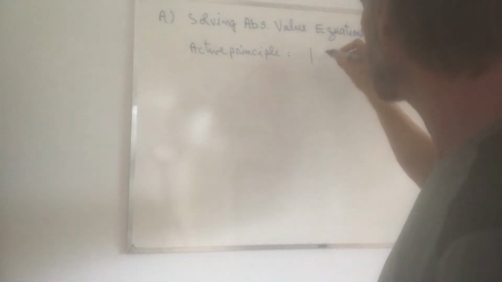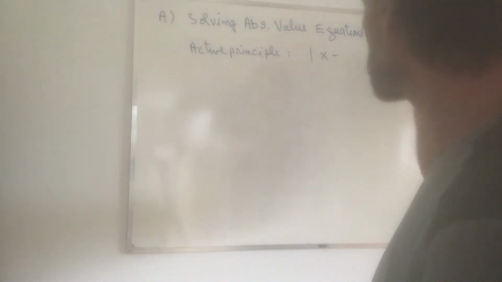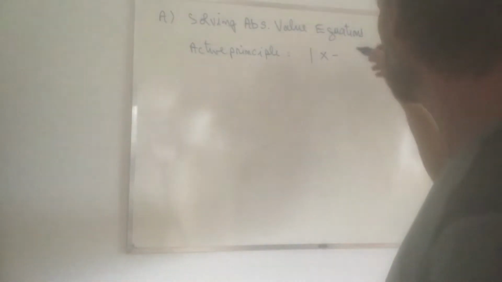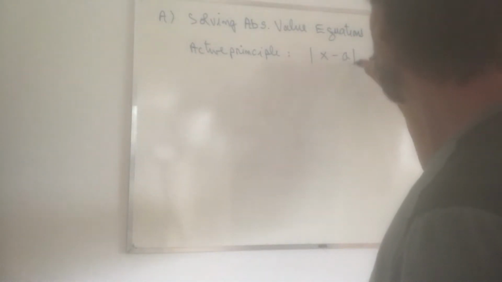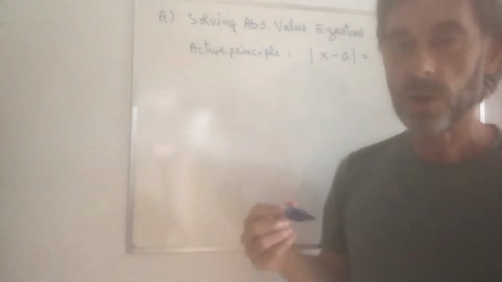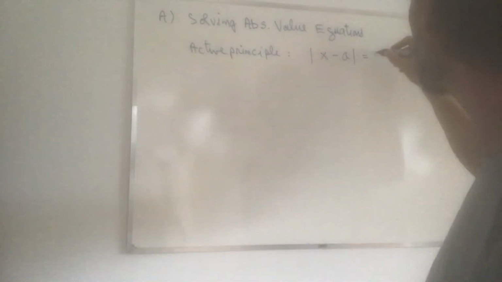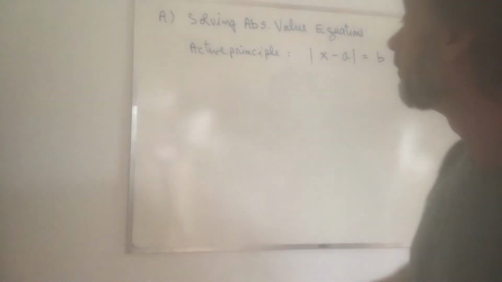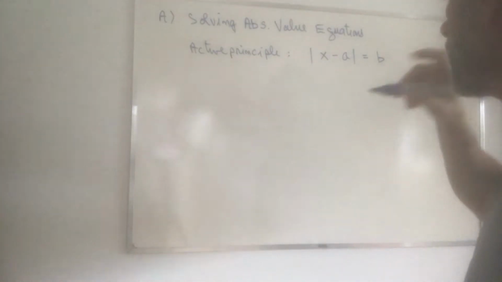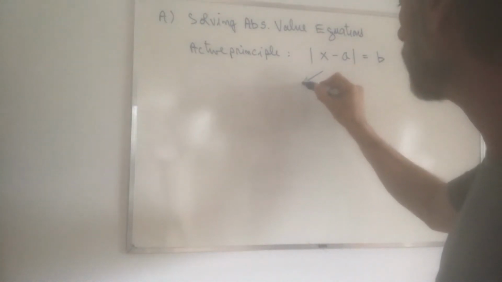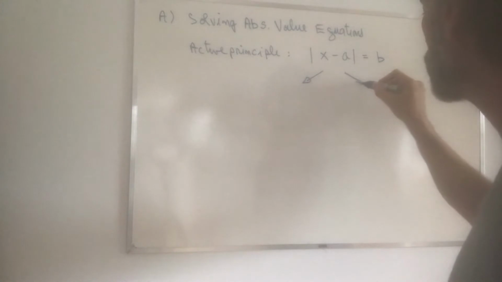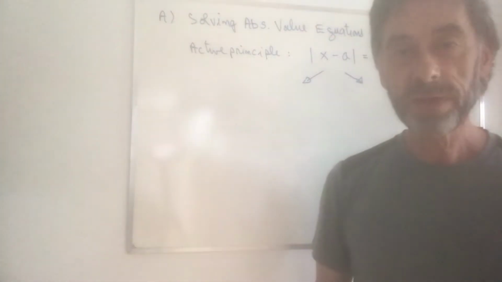We're going to have the absolute value of x plus or minus a number. Doesn't really matter what we put there. And because we want to solve equalities, it's going to be equal to, say, a number, say, b. So how do we solve this? Well, we break this up into two different categories.